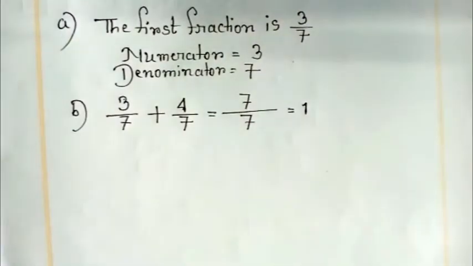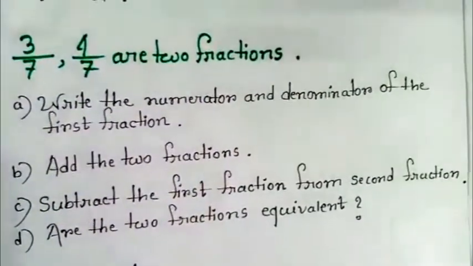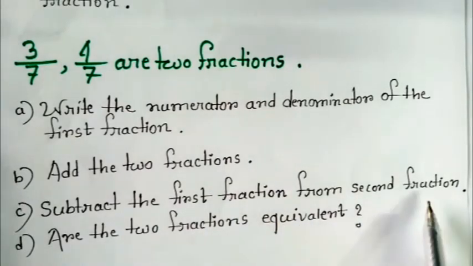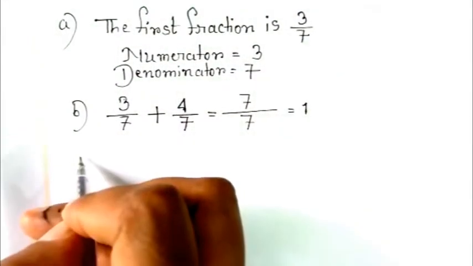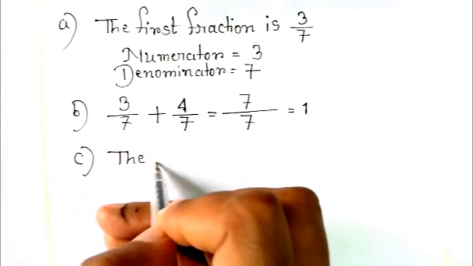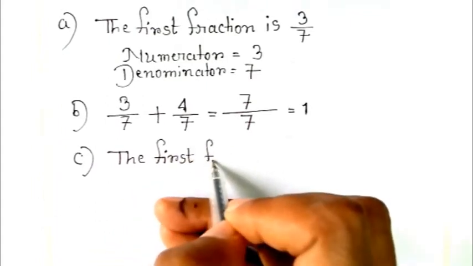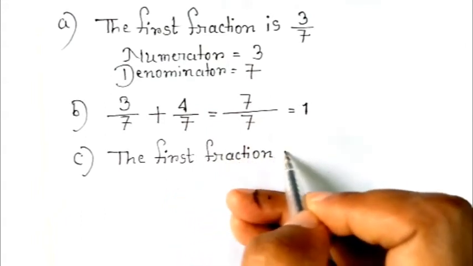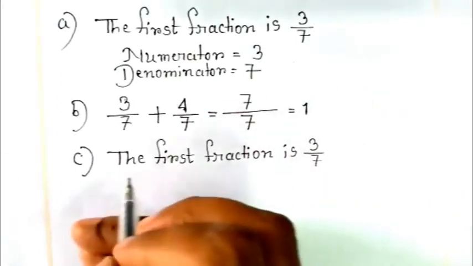Now we shall solve number C. Subtract the first fraction from second fraction. Here, the first fraction is 3/7.